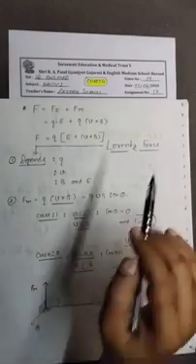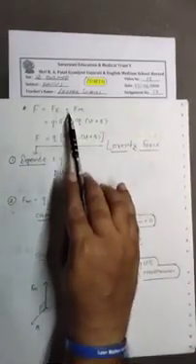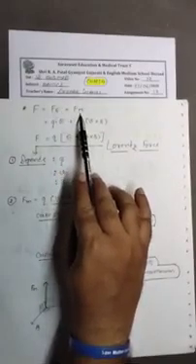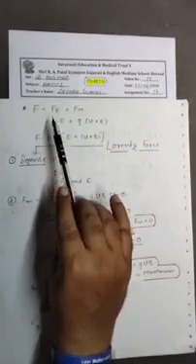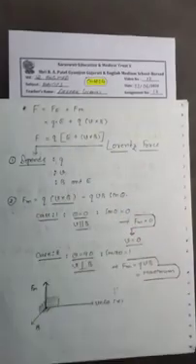So what is the Lorentz force? The algebraic sum of electric force and magnetic force is known as the Lorentz force. Put the equations of electric force and magnetic force together and you will have the Lorentz equation. And here you have to remember two points.